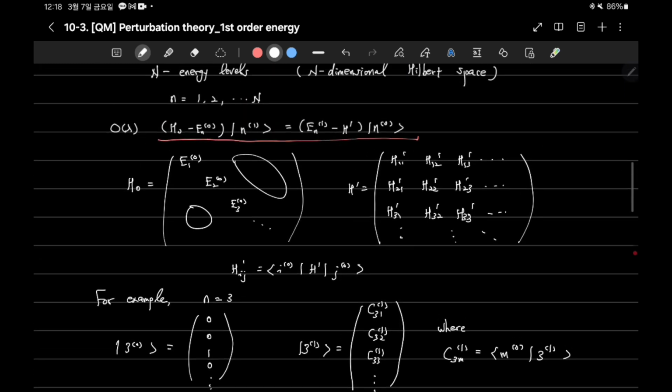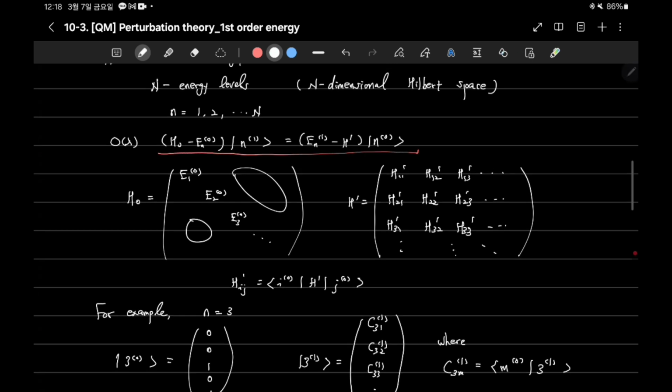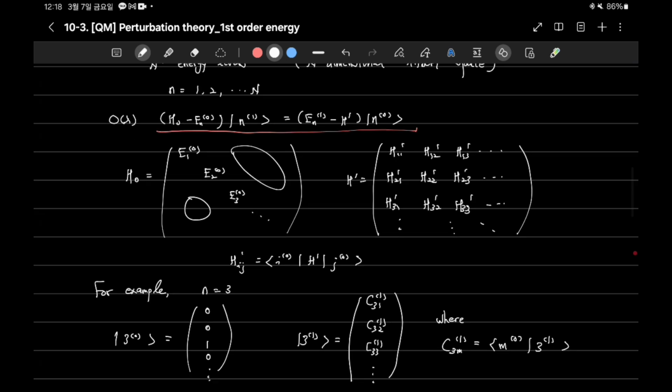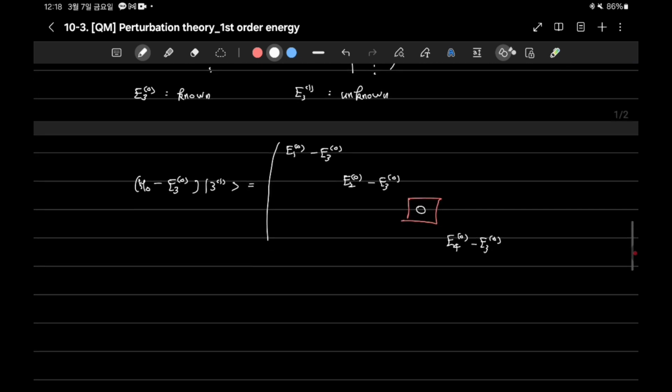Here it is the left hand side matrix element, and here it is the N0 state. It is the left hand side, and it is also diagonalized.